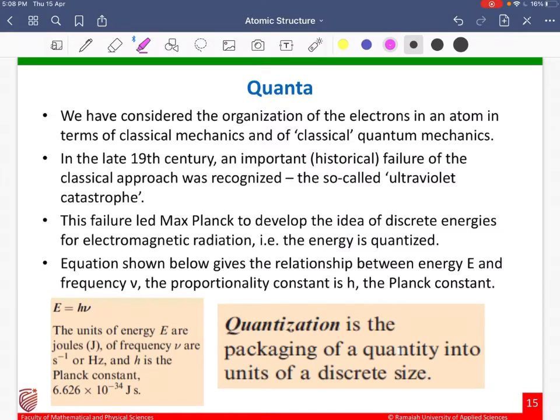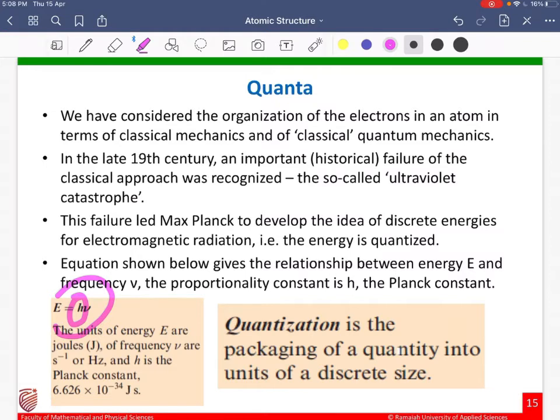That means the energy is quantized. The equation shown below is the relationship between E and frequency nu. Between energy E and the frequency nu, the proportionality constant h is Planck's constant. So we can write E equals h nu.